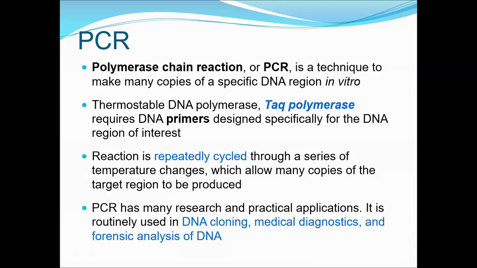It has several applications both in research as well as in diagnostics. Most commonly, COVID-19 detection is done by qPCR. I'll get to what exactly a qPCR is. Also, in forensic analysis of DNA and routine DNA cloning, we use PCR-based methods.